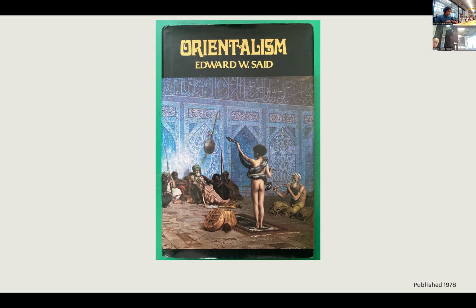Basically, the first factor of the book is that the study of the Orient is not an objective work. It was provided as a basis to enable expansion of the empire, right?